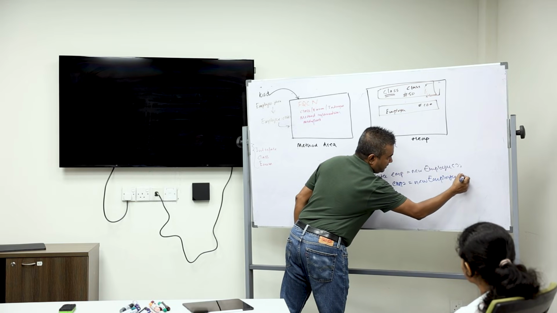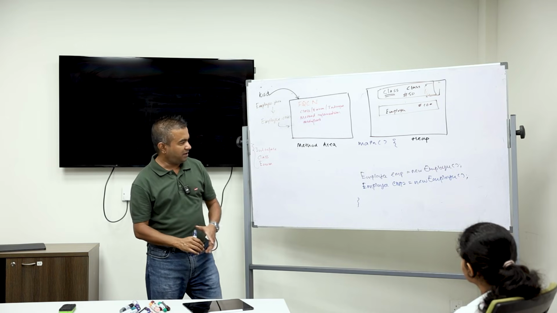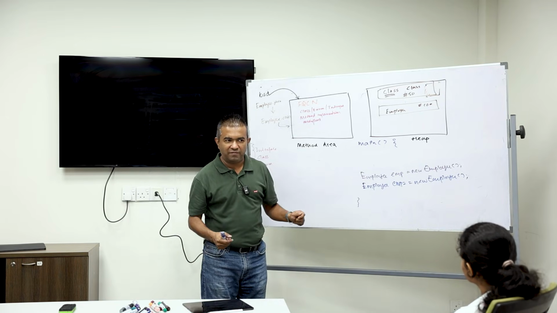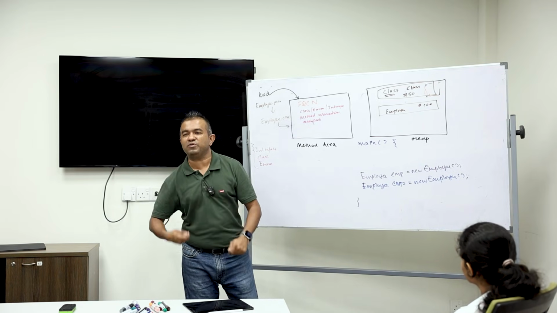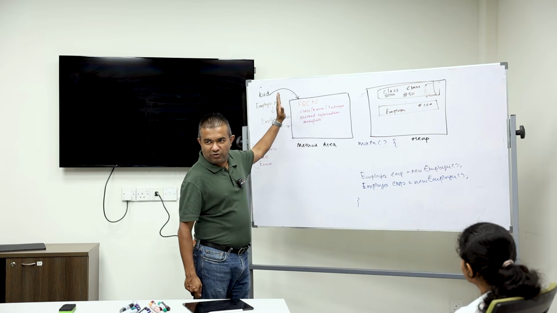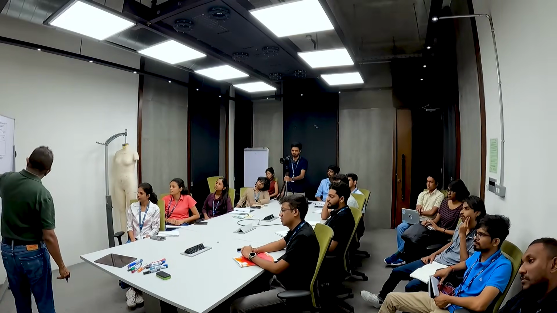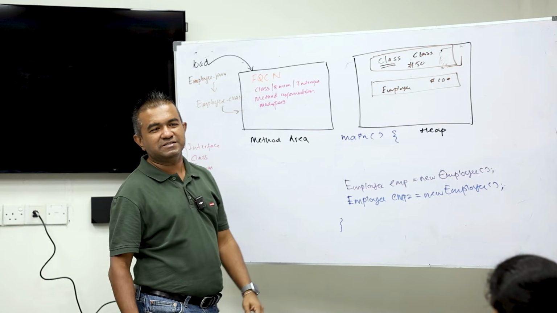So now tell me, what are the steps that happen? The JVM, the executor, sees that I want to create another employee object. What does it do? It goes and loads the class. Does it load the class and create the class object? No, it doesn't.